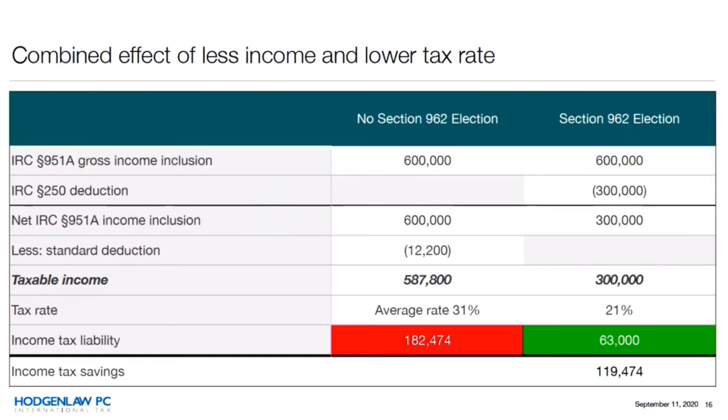And now we're going to multiply it by 21%, which is a handy dandy $63,000 of income tax liability. So $119,474 tax savings on this global intangible low taxed income inclusion just by making the Section 962 election. So this is really good.